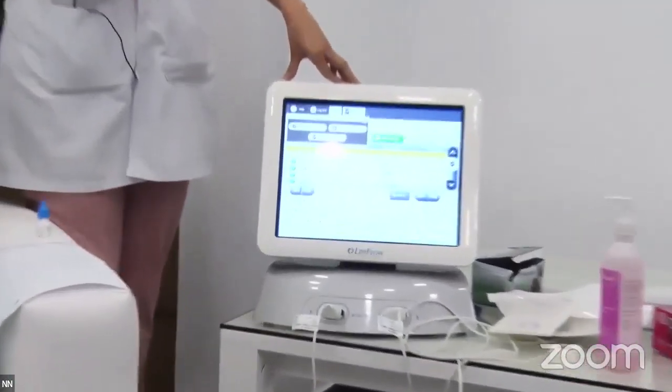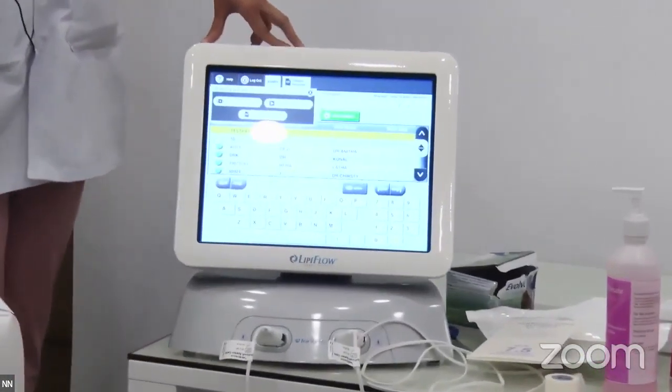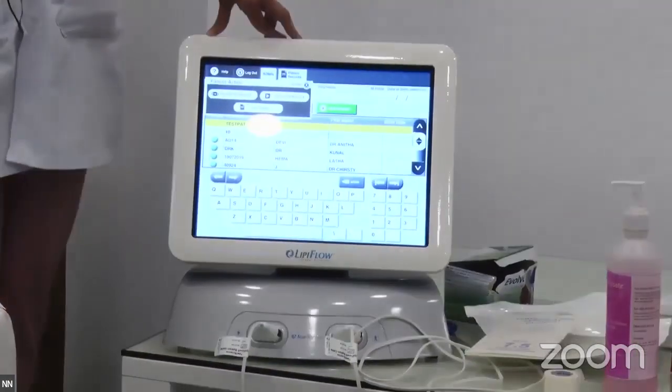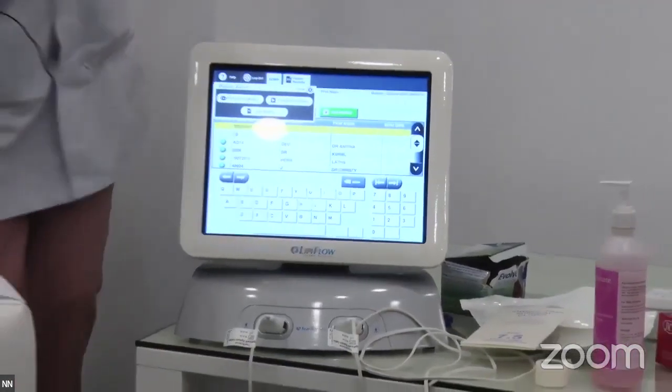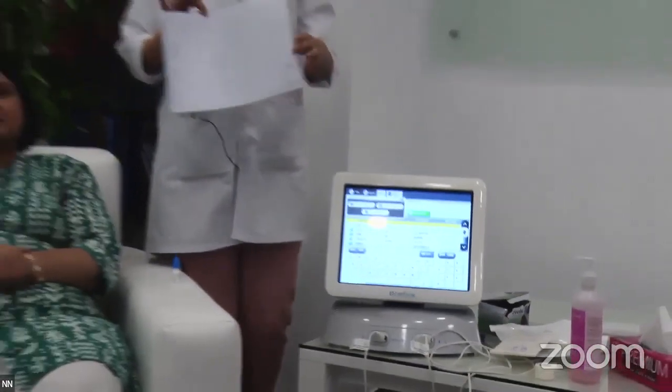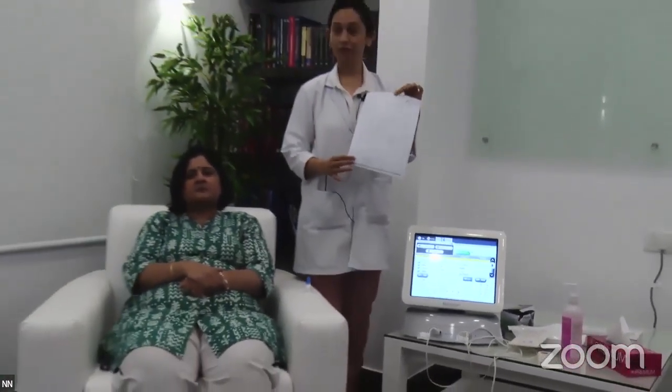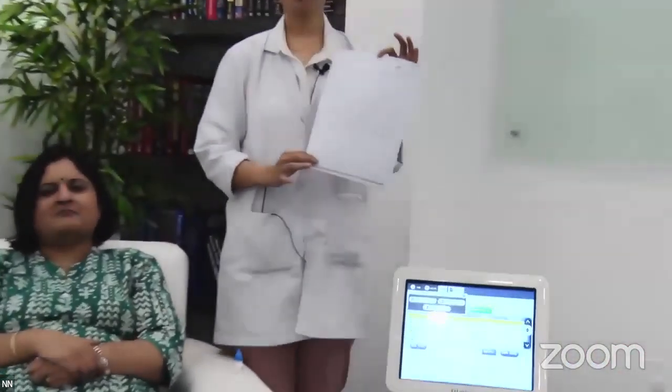So can we have a demonstration of the LipiFlow? Yes. Here we are going to demonstrate the procedure of LipiFlow. The indications and the other small technicalities Dr. Rohit has nicely covered. So how do we start with the procedure? Before we start, we take an informed consent from the patient on whom we are doing the procedure.